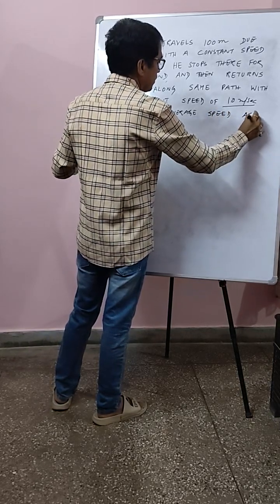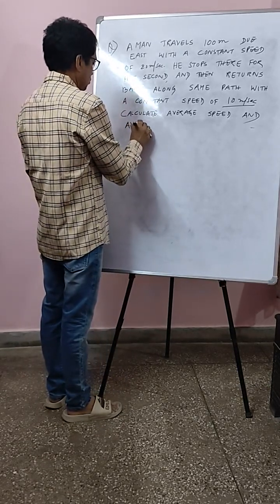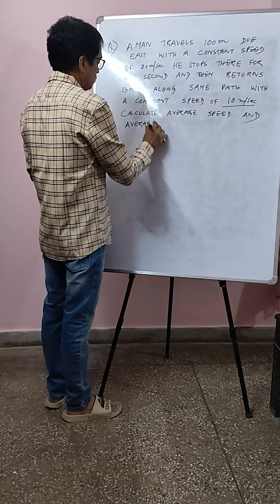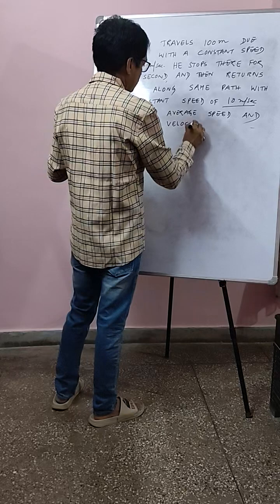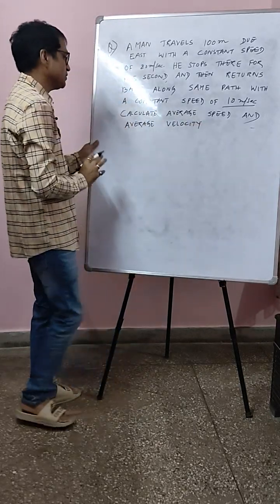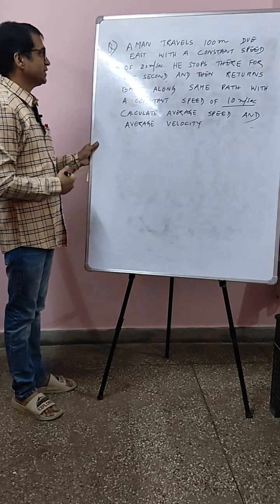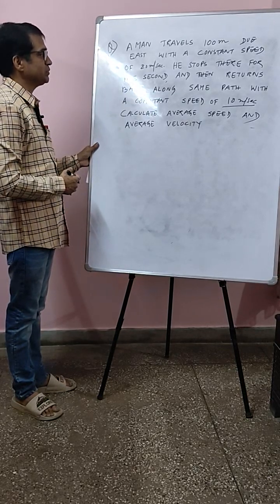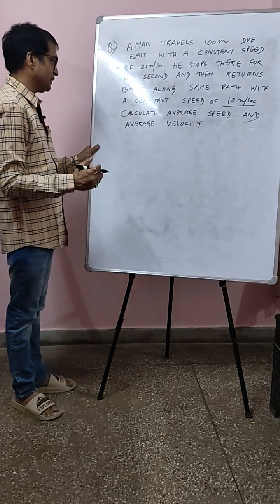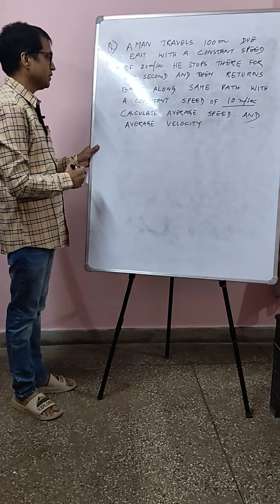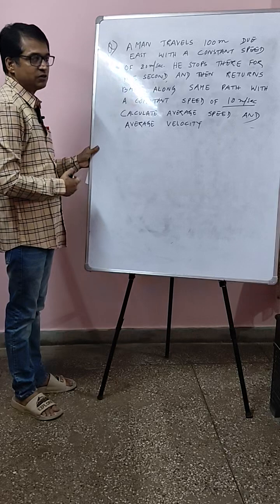The question is: a man travels 100 meters due east with a constant speed of 20 meters per second. He stops there for 5 seconds and then returns back along the same path with a constant speed of 10 meters per second. We have to find average speed and average velocity.